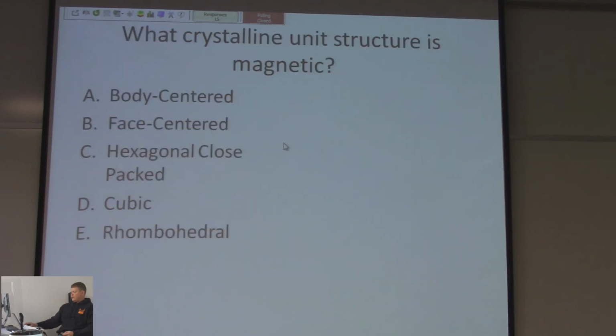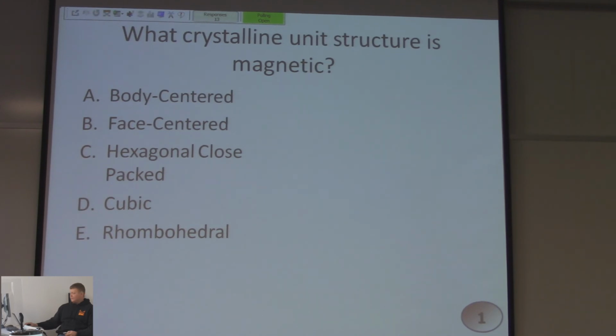What crystalline unit structure is magnetic? Body-centered, face-centered, hexagonal, close-packed, cubic, rhombohedral. I screwed up on this because there's more than one. Whoops, break the timer. It exists in ferrite.